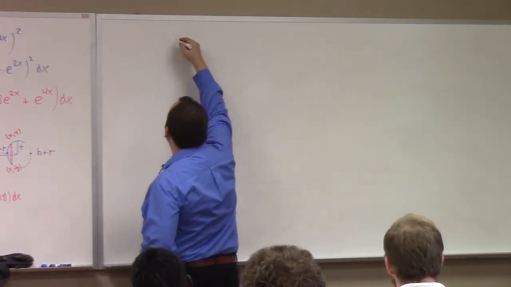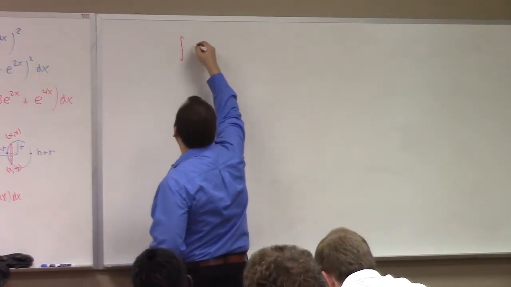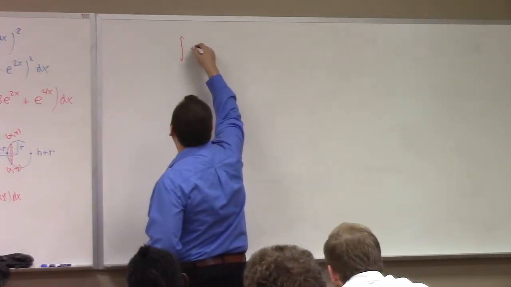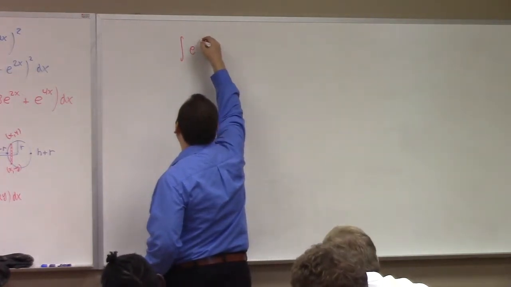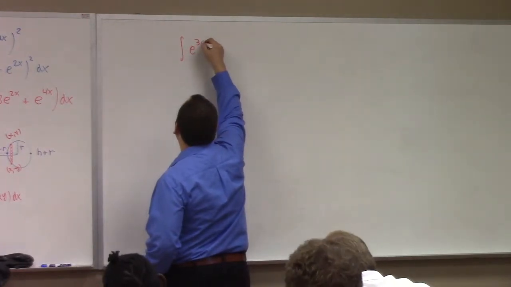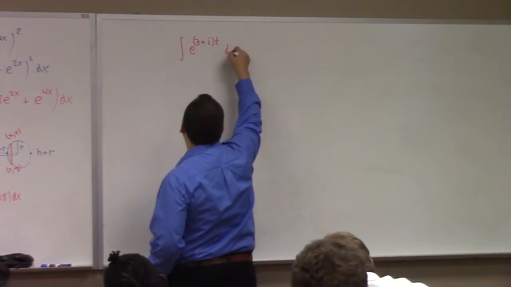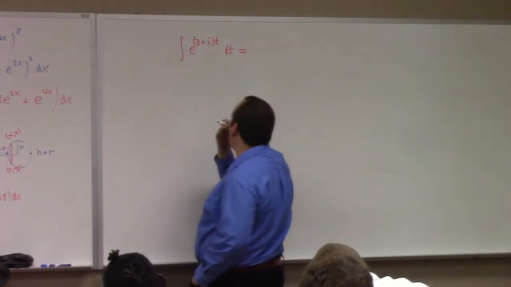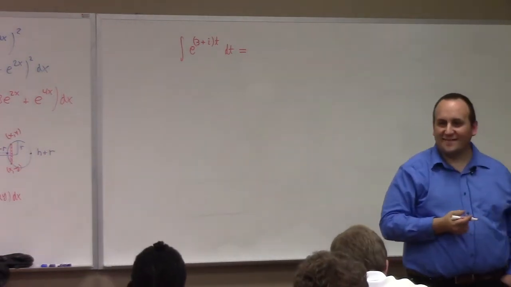Cool. So guys, something I wanted to share with you before I leave today is that if you have the integral of e to the (3 plus i) times t dt, what should the integral be?